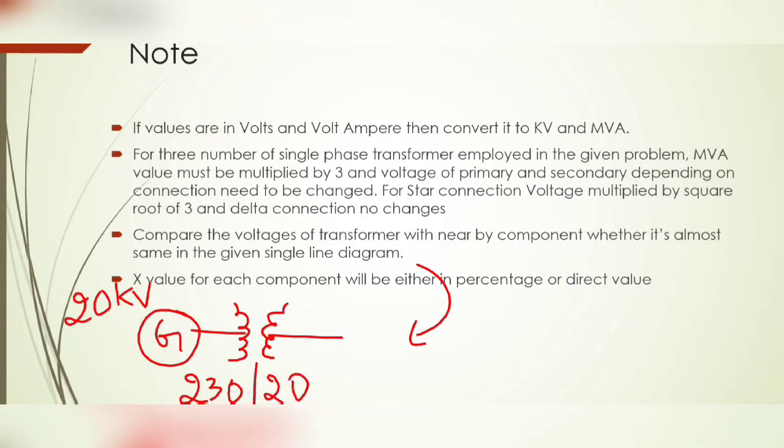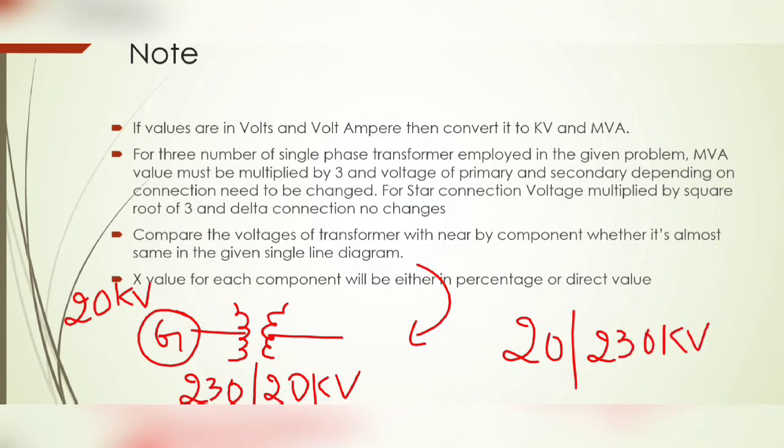Then check whether the primary voltage and the nearby component generator voltage are almost the same. Here 20 kilovolt in the generator and transformer primary voltage 230 kilovolt have a huge difference. So write 20 kilovolt as primary voltage, or you can also think of a step up transformer near the generator. So it becomes 20 by 230 kilovolt.